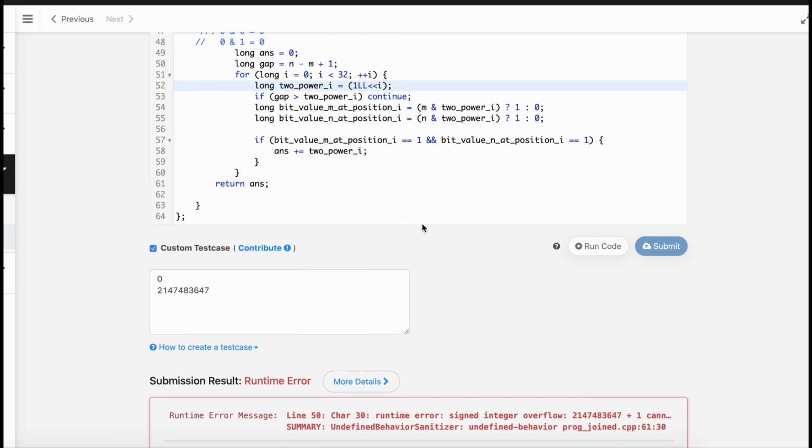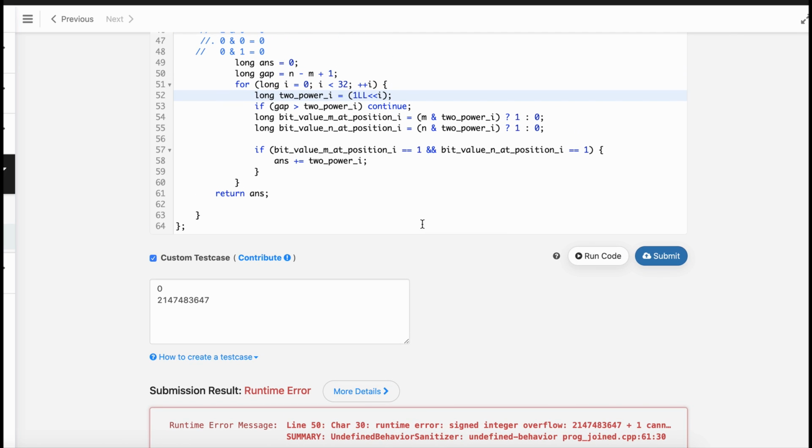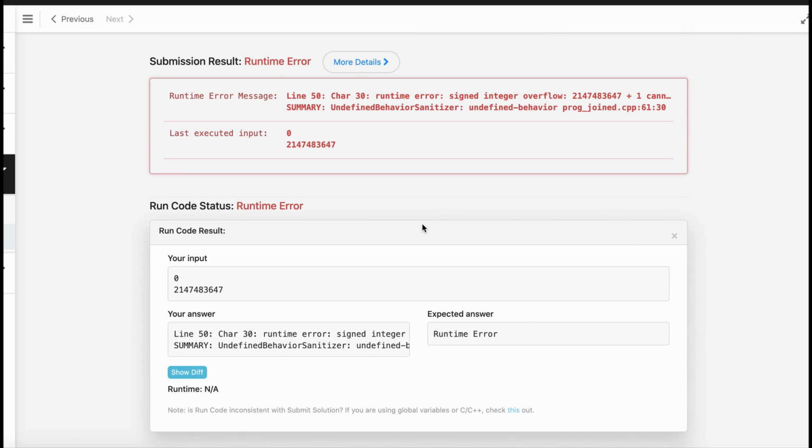Well, there is a problem with this case.